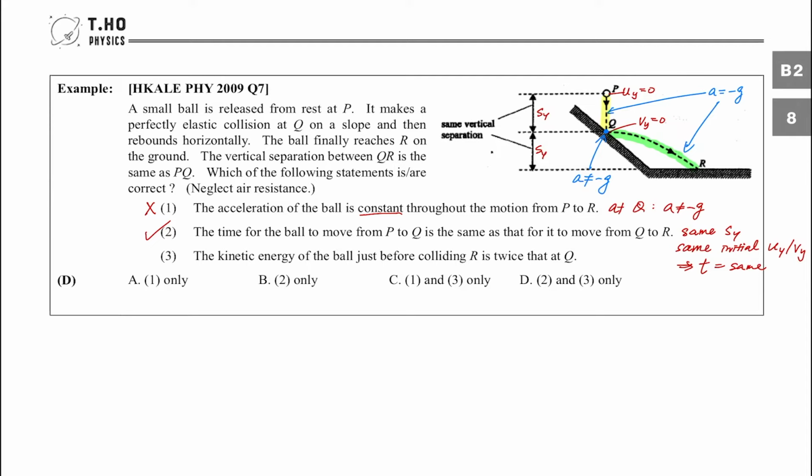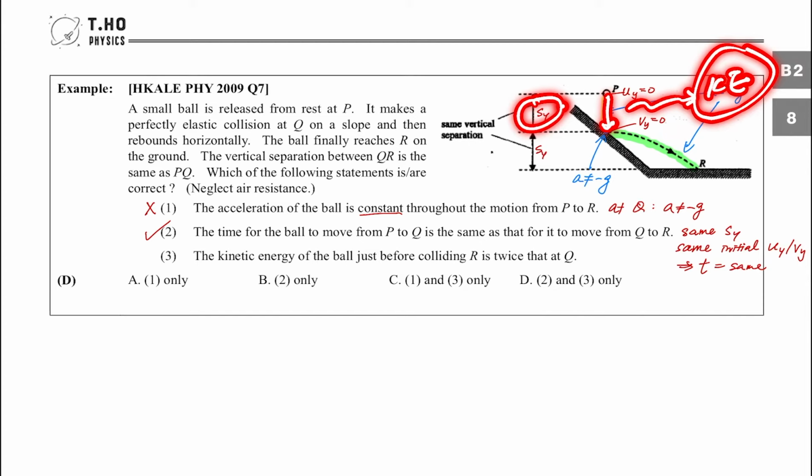Thirdly, the kinetic energy of the ball just before colliding at R is twice that at Q. Think about that. Where does the energy come from? The energy comes from the decrease in PE. The KE comes from the PE. So when it travels from point P to point Q, we convert the PE from the drop of the ball through a distance of sy into KE. So we have one portion of KE.